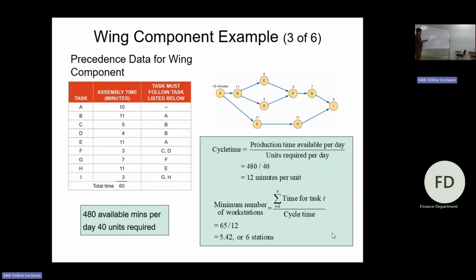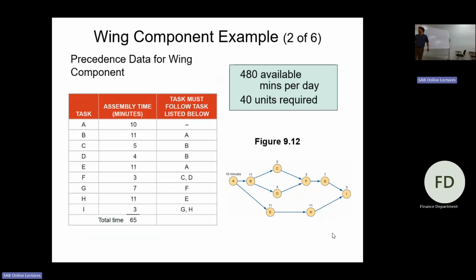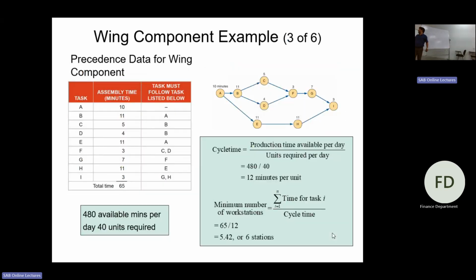How many minutes are available within workstation 1? Workstation 1, that means not the task time; we refer to the cycle time. We calculated it and understood 12 minutes can be spent. So for workstation 1, we have 12 minutes.